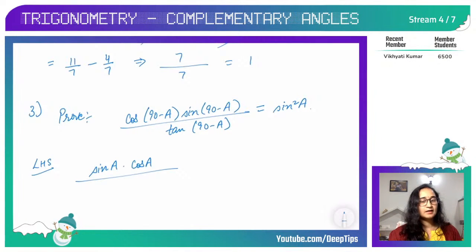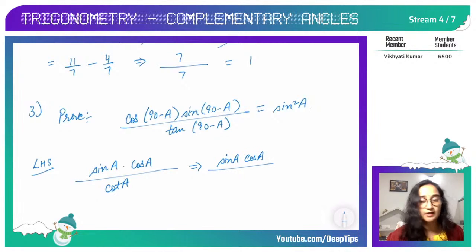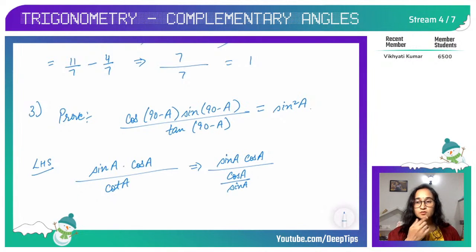Now tan 90 minus a can be written as cot a, but in the right hand side I have sine square a. So how do I get sine square a? Let's simplify this. I know sine a and cos a cannot be further simplified, but I can simplify cot a as cos a upon sine a, because cot theta is equal to cos theta upon sine theta.